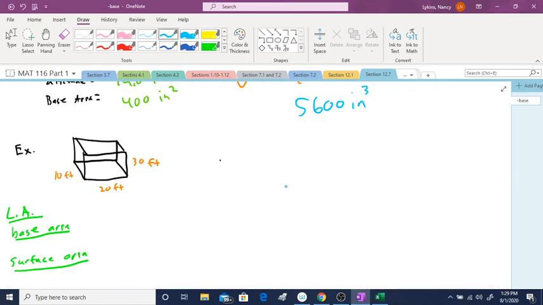Well, when you're talking about the base area, it's always the top and the bottom. So the base area is going to be, and I'm going to color this, there's the bottom, and there's the top. Okay, so the base area is 10 times 20, but I've got 2 of those.